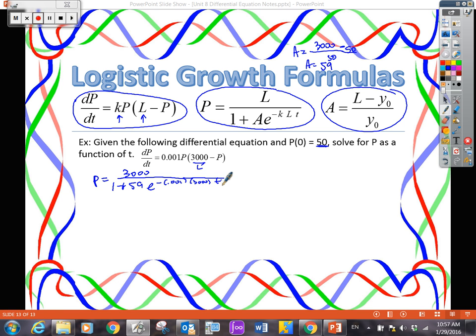So we pretty that up. We get 3,000 all over 1 plus 59e to the negative 3t.